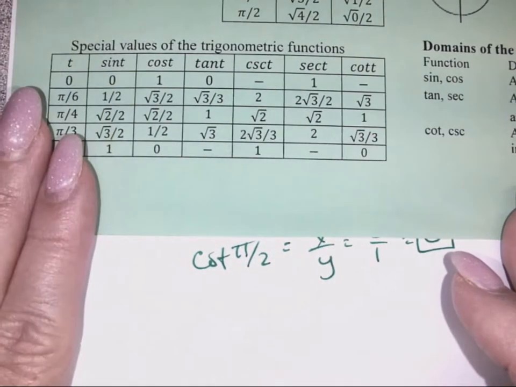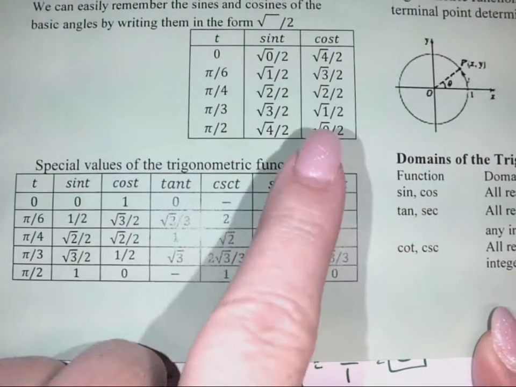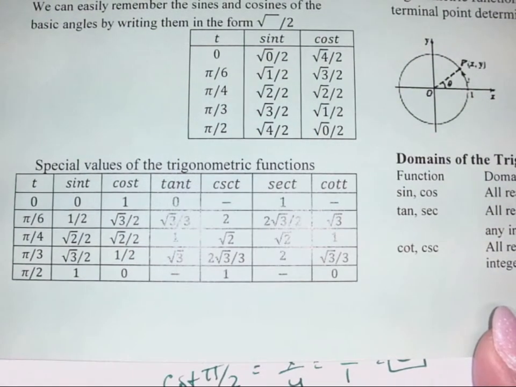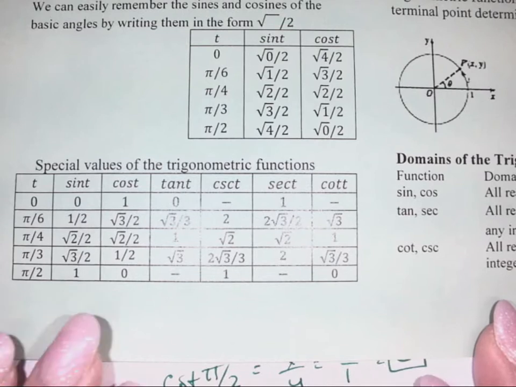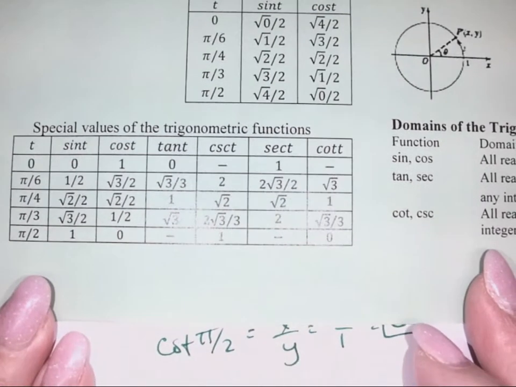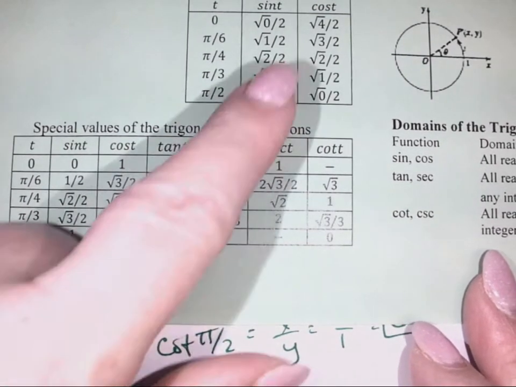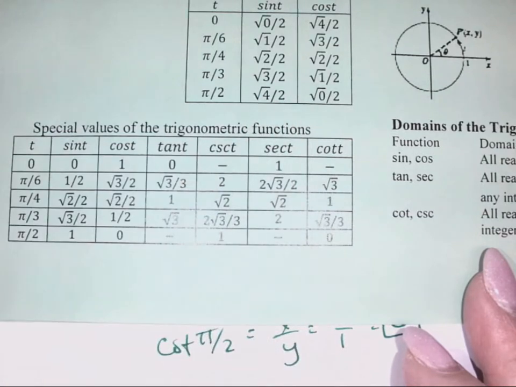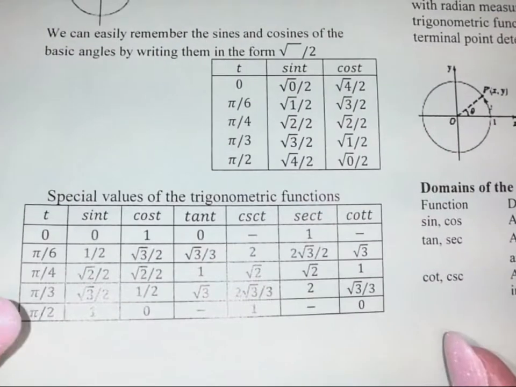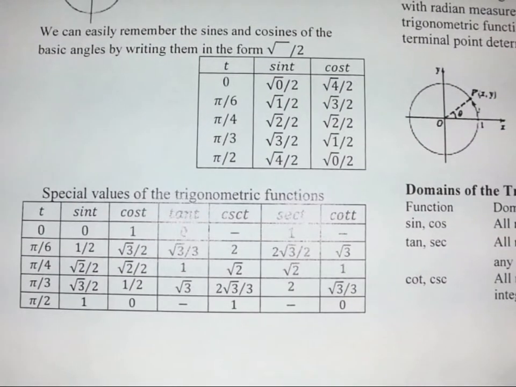You do not have to memorize these. What you need to know is what the values are for the terminal points. If you know the terminal point, you can find all of these. These are just our x and y's up here to use for that. And remember that not all of our functions are defined. Some of them are going to be undefined.